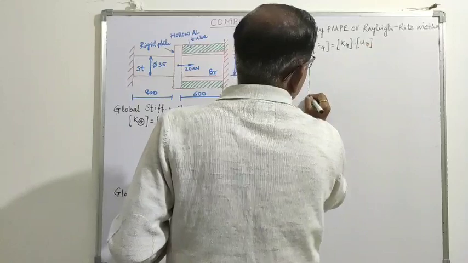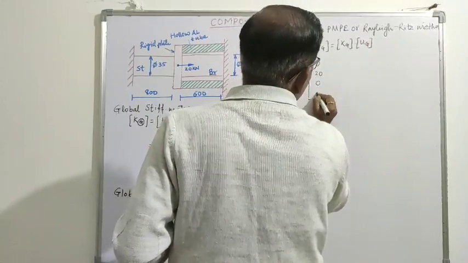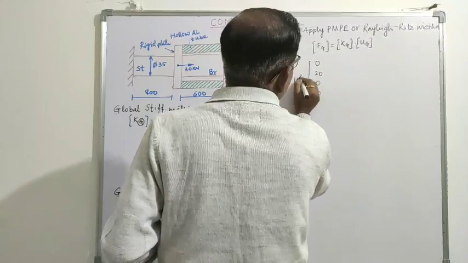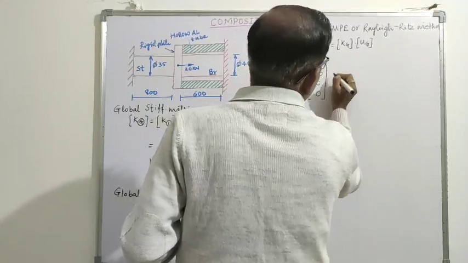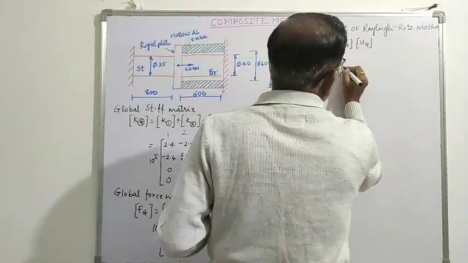So global force matrix is given, that is 0, 20, 0, 0, 10 to the power 3 outside the bracket. Here 10 to the power 5 outside the bracket.